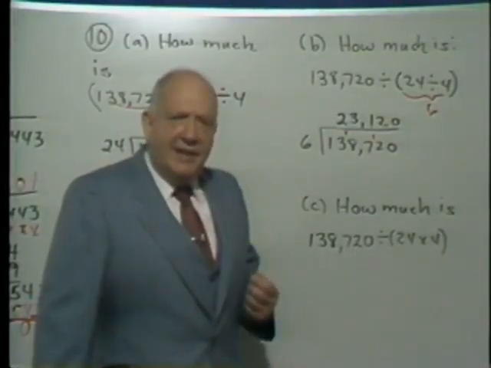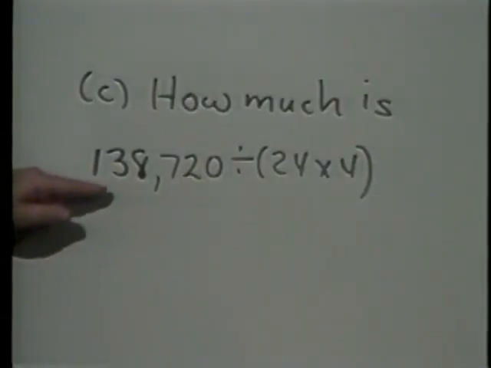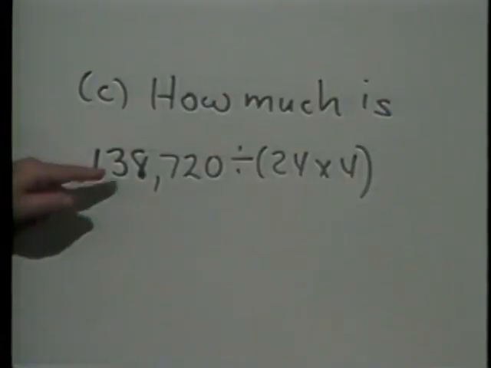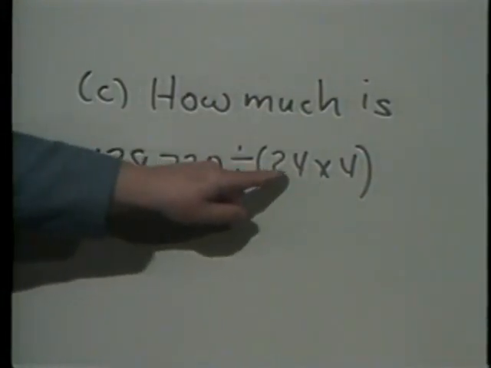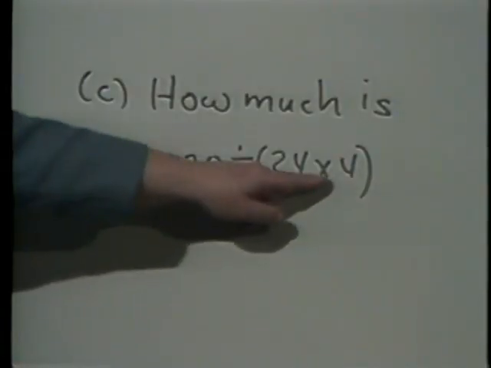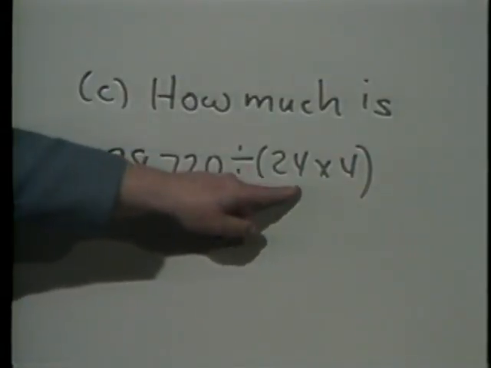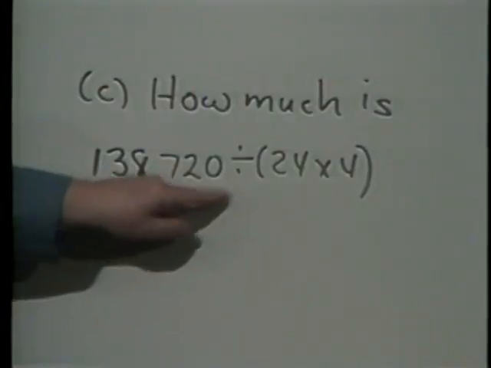And for our finale today, look at Part C. Part C looks less like Part A than Part B does. You see, Part B had a division sign over here. What we're going to do over here is observe now that we're multiplying. This doesn't look like a division problem. This doesn't look at all like problem A, does it? See, Part A said first divide 138,720 by 24.